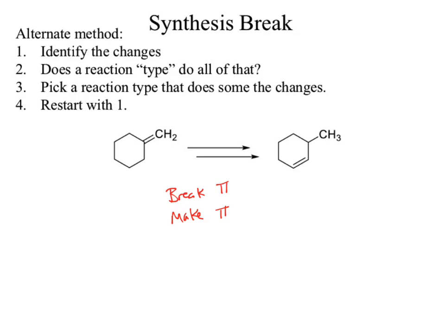What else changed? We removed a hydrogen and we added a hydrogen. So again, we have to be careful in our phrasing. We can't just pick up an atom and slide it across. Rearrangements are a possibility, but rearrangements are hard to immediately see. So don't assume rearrangement. Assume you're breaking and making again.